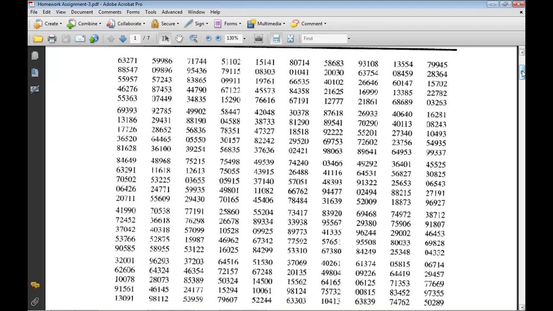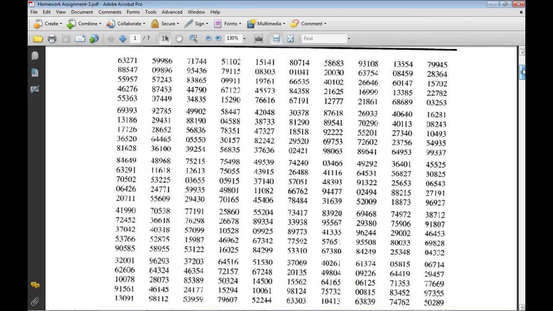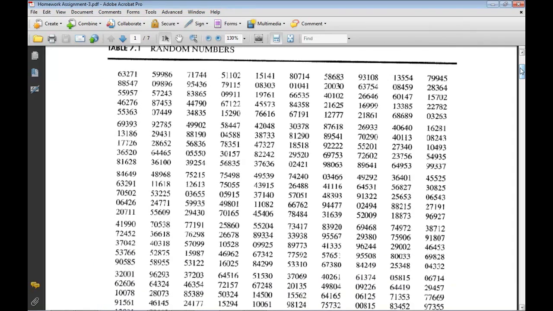So there's no pattern in the sequence of these numbers. In fact, there are statistical tests available which can test for randomness. So how to use this table is very simple.